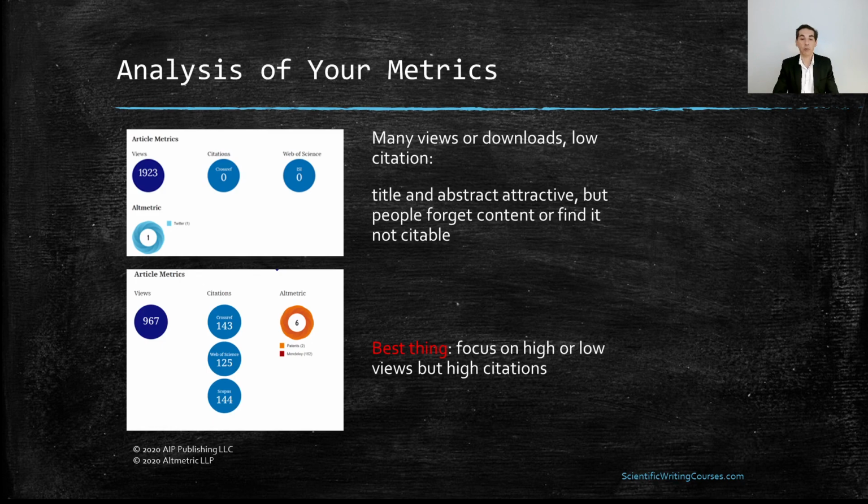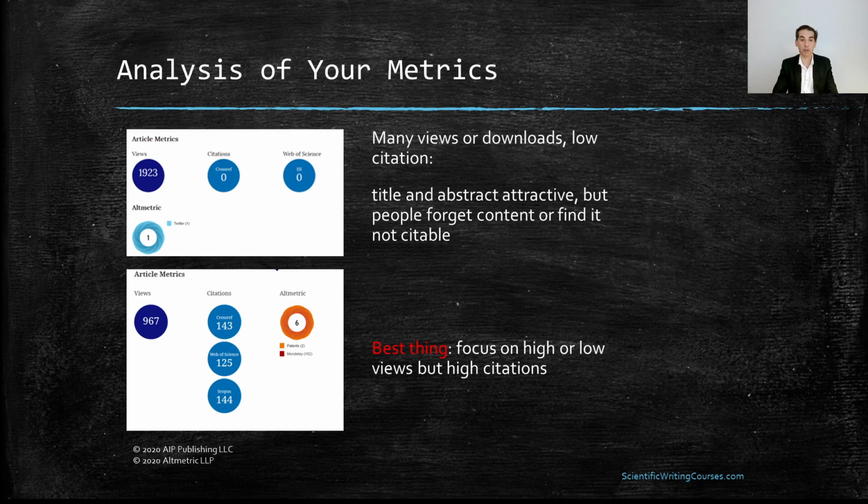Now you compare with this one. It has half of the views, but it has around 140 citations, right? And 6 Altmetric. Altmetric is not much, but a good number of citations. So this is what you want to achieve. You want to achieve this number of citations, regardless of the Altmetric, and that means that people are actually interested in the content, and they remember the content, and then they cite the article.